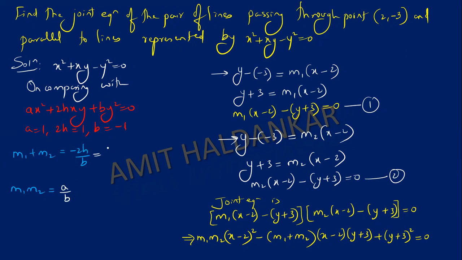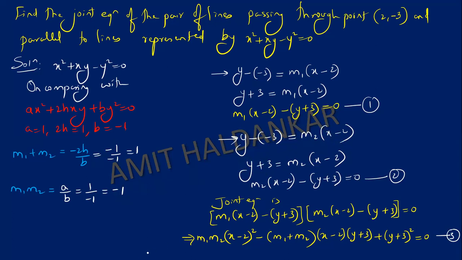So minus 2h is minus 1, b is minus 1, so m1 plus m2 is 1. And a is 1 and b is minus 1, so m1 into m2 is minus 1. Let's substitute these values in equation number 3, and we get the final joint equation.